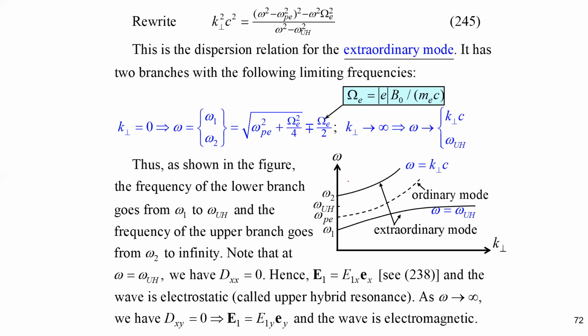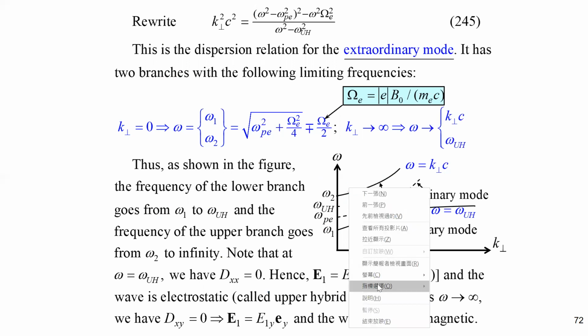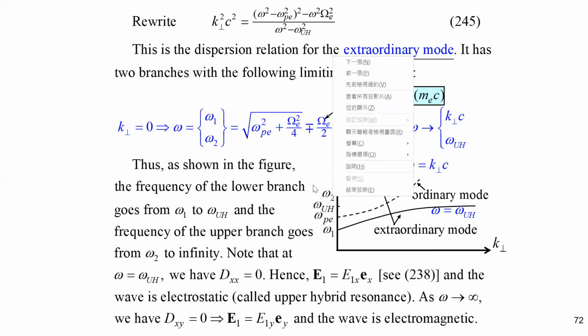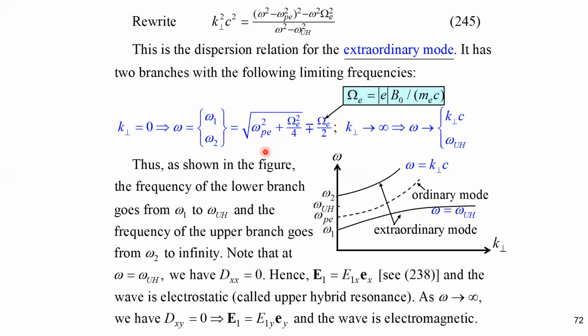We have two frequencies, omega 1 and omega 2, equal to plasma frequency square plus omega E square over 4, minus or plus omega E over 2.